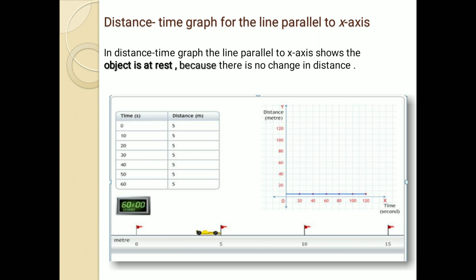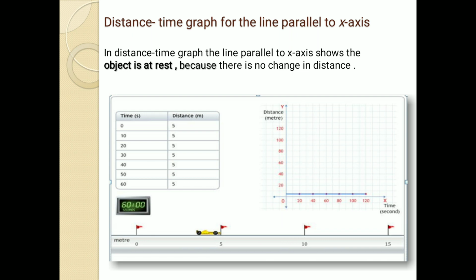Okay, in a distance time graph, a line parallel to the x-axis shows that the object is at rest because there is no change in distance. There is no change in distance at all. Okay, this question is there in your textbook. What does it indicate when the line is parallel to the x-axis in a distance time graph?